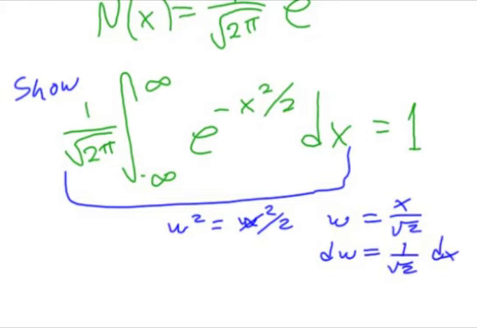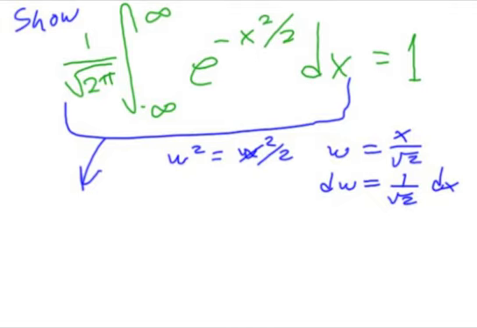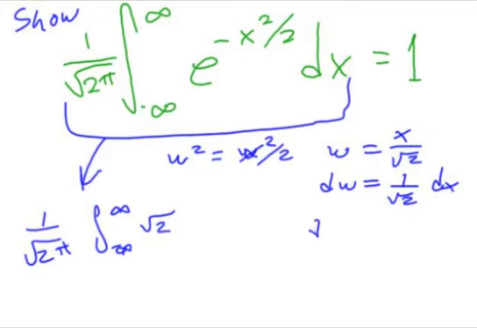And so that's going to transform our integral. We'll get this 1 over root 2 pi, and our integral from negative infinity to infinity, with our dw being 1 over root 2 dx, we get a root 2 dw, and this becomes e to the negative w squared.